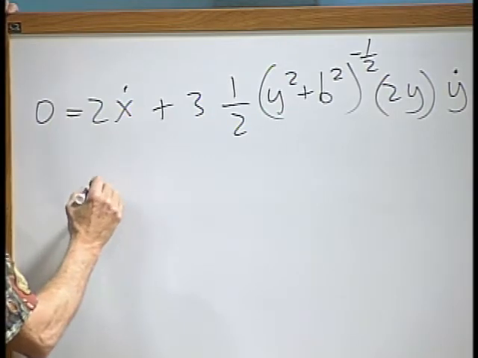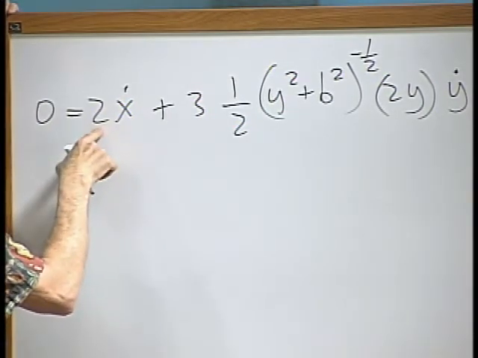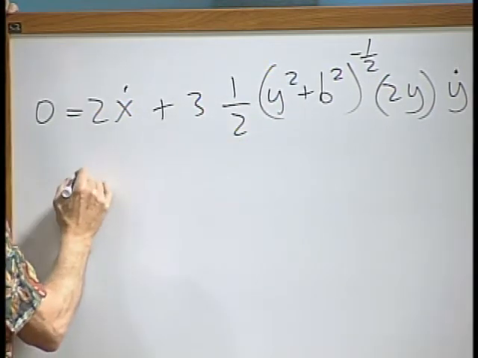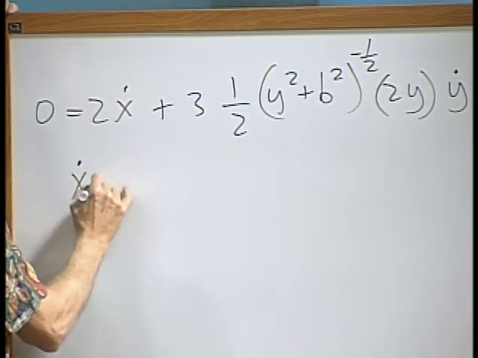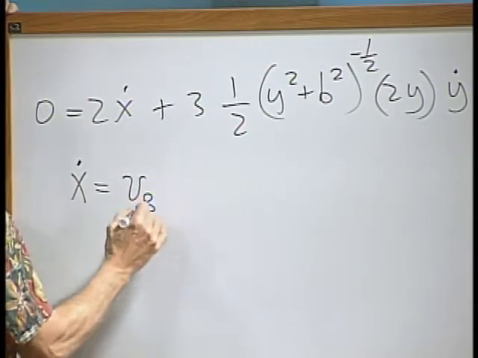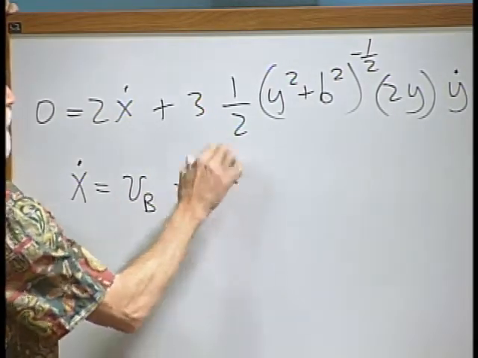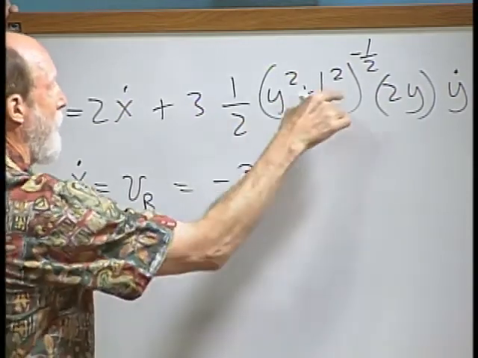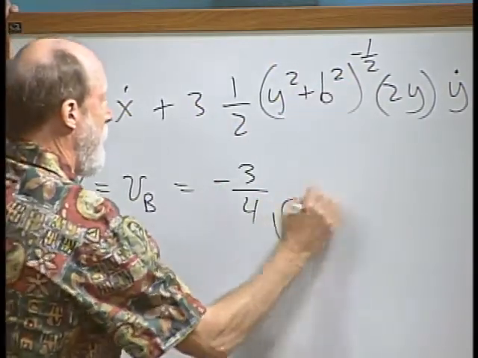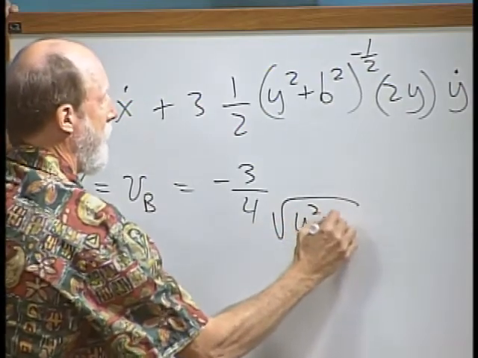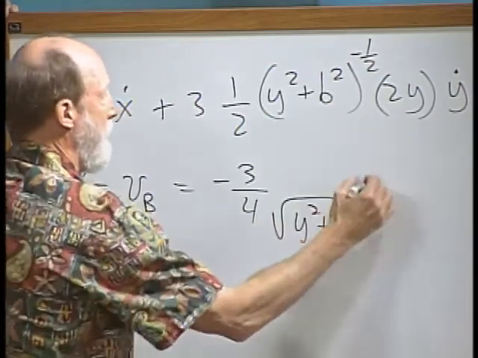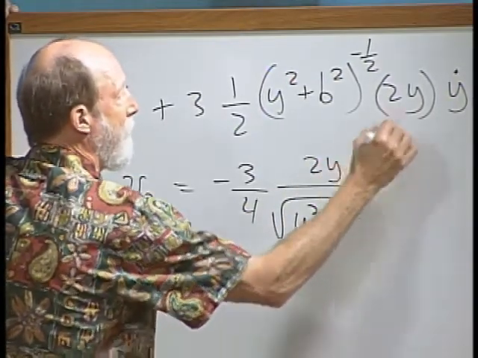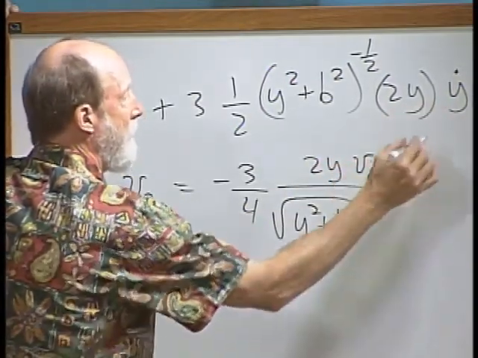If we divide both sides by 2 and kick this term over to the other side, we're going to have x dot, which is equal to the velocity of B, equal to negative 3/4. This radical drops down in the denominator, and in the numerator there's a 2y, and then this is the velocity of A right there.